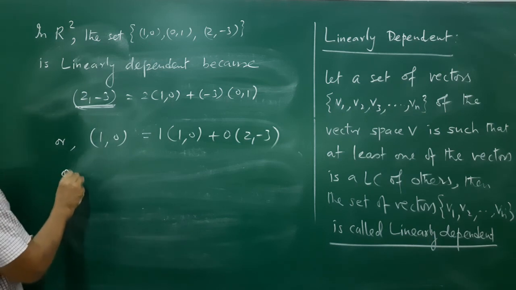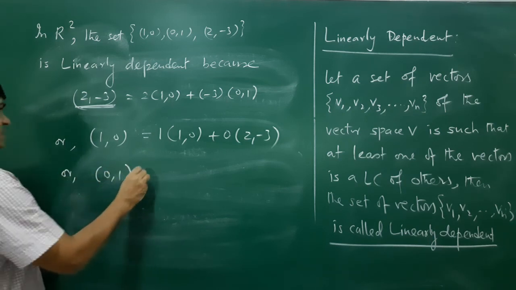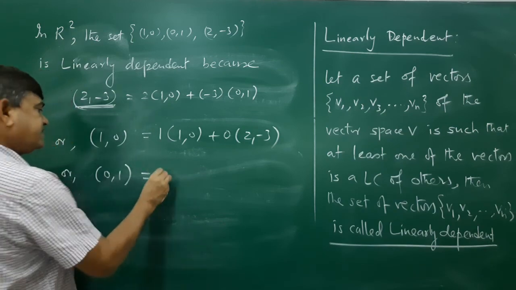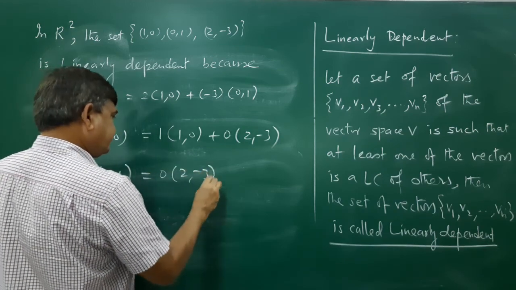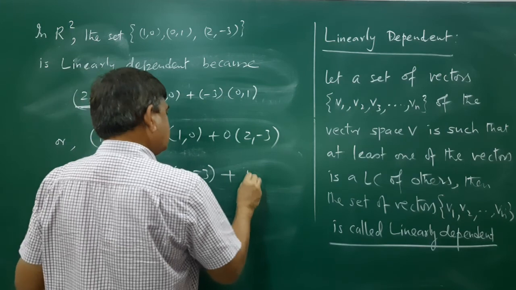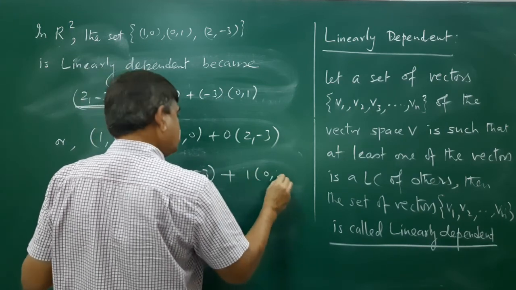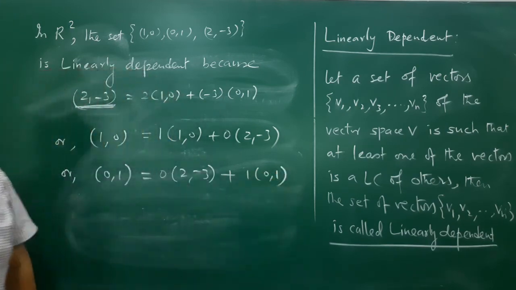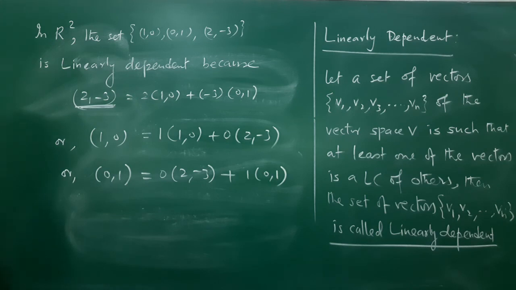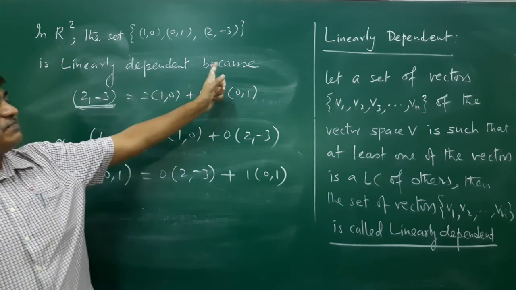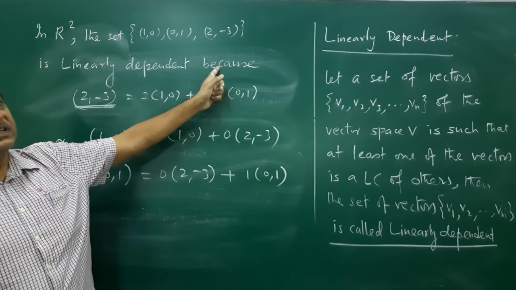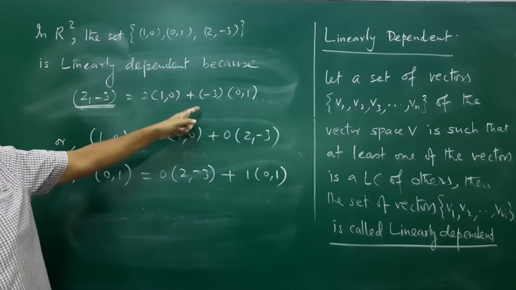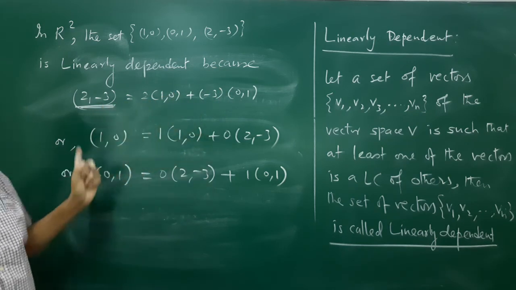Or you can write at least one of them is a linear combination of others. Here this is also written in terms of this one, this is also written in terms of this one.